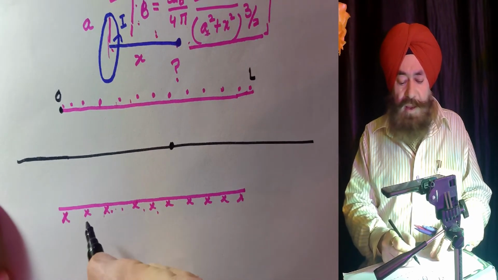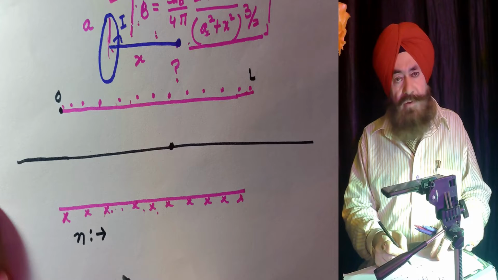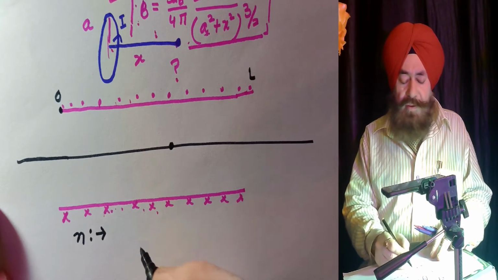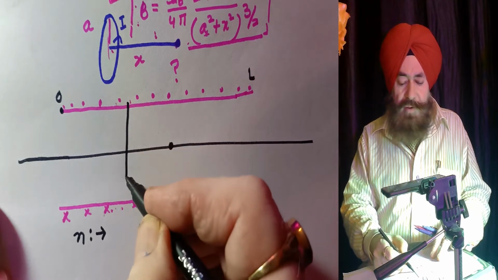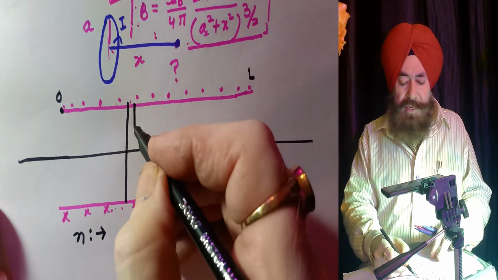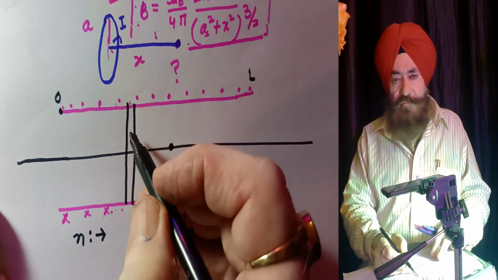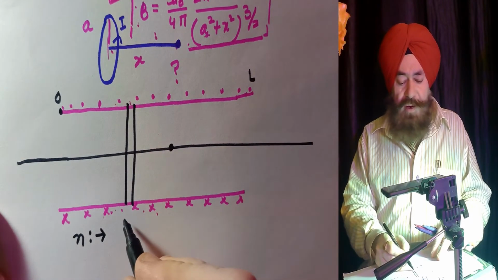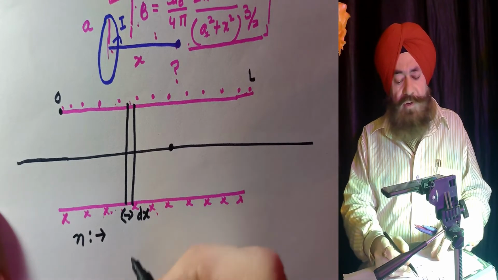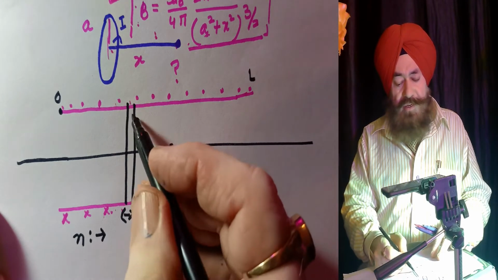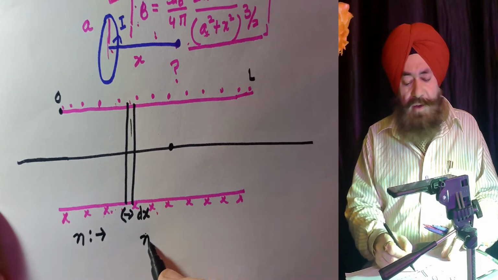Now I define n. n means the number of turns per unit length. I consider a very small section of the solenoid, and its width is dx. What is the number of turns in this width? Very simple, n into dx.